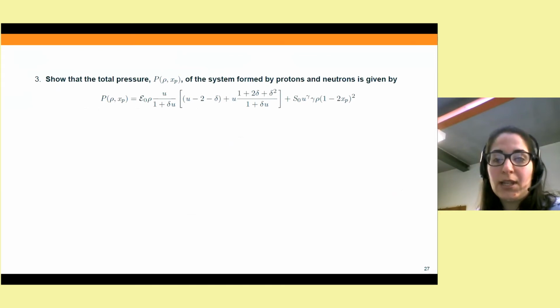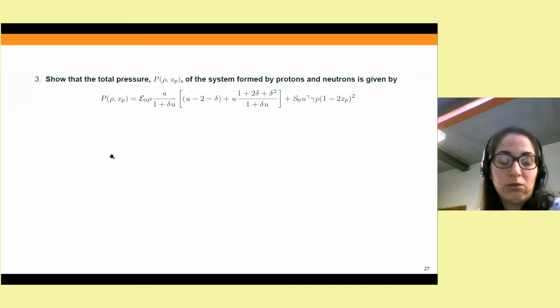So the next thing we are asked to do is to calculate the total pressure of the system formed by protons and neutrons, and get this expression here. How can we calculate the pressure? Do you remember the expression to calculate the pressure? There are in fact two options.